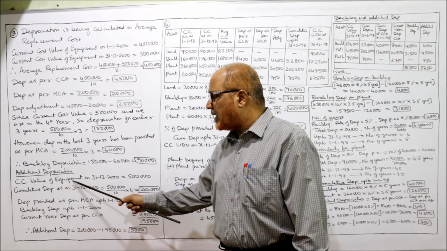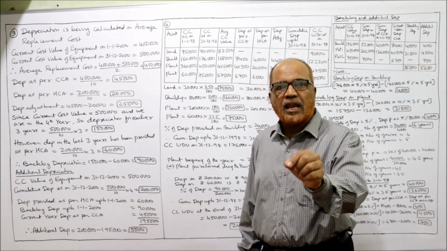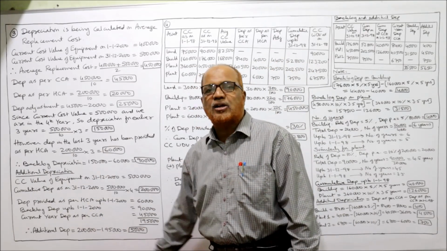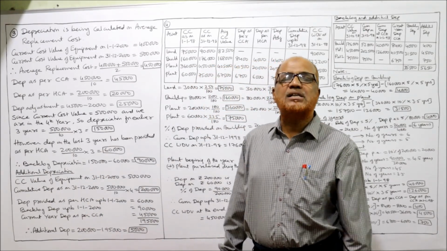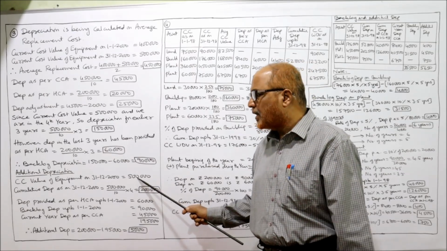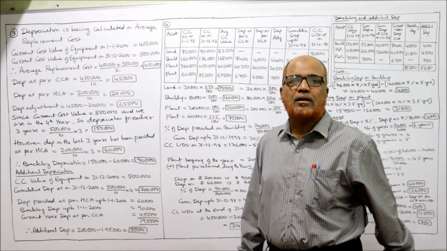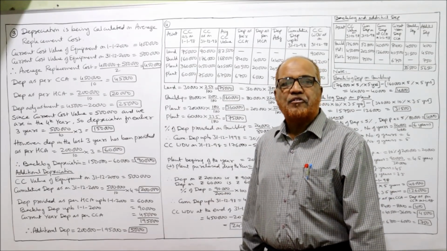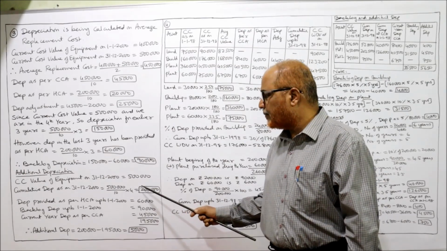Now, the CC value of equipment on 31st December 2000 is 5 lakh rupees. CC stands for current cost. The current cost value of the equipment on 31st December 2000 is 5 lakh. Now cumulative depreciation up to 31st December 2000 is 5 lakh divided by 10 into 4 years, 2 lakh.